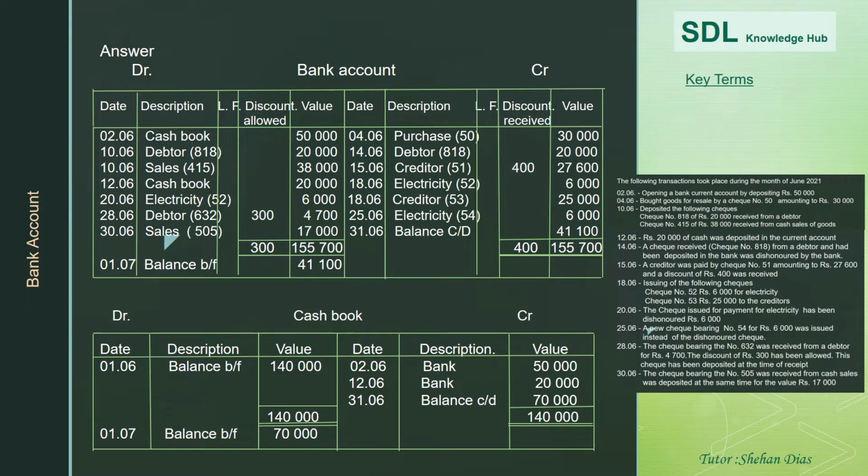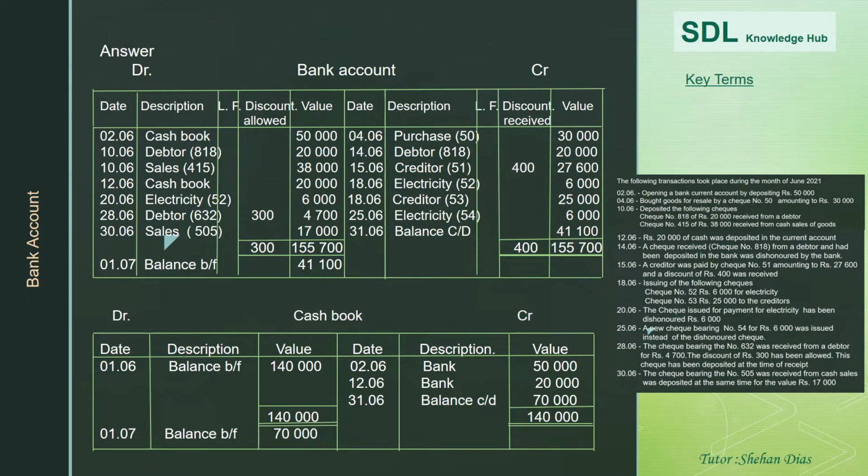So this will be on the credit side, the credit side column of discount received for 400, stating creditor. So the creditor will be debited for 27,600 stating bank, and also 400 stating discount received.